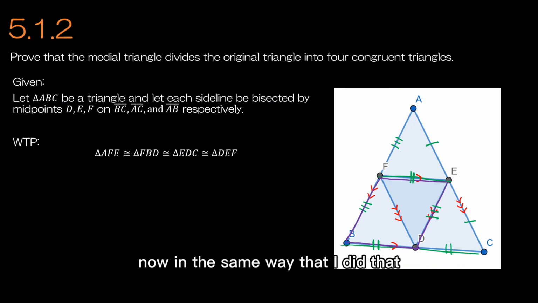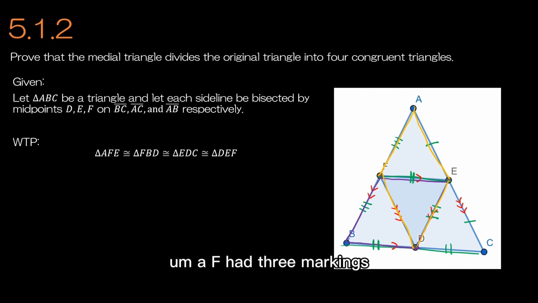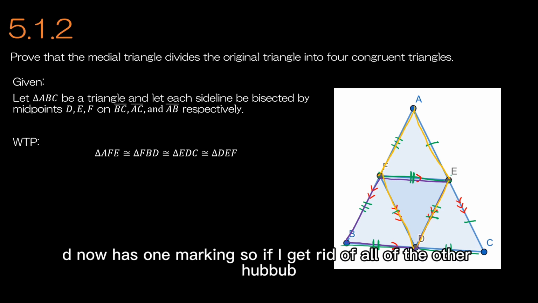Now, in the same way, I can also say that AFDE is a parallelogram. And if AFDE is a parallelogram, just as I did before, where I had certain markings, AF had 3 markings and ED already has 3 markings, but the one remaining is that AE had 1 marking and that FD now has 1 marking.